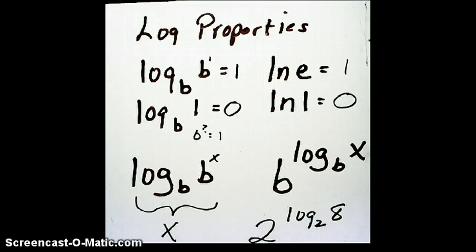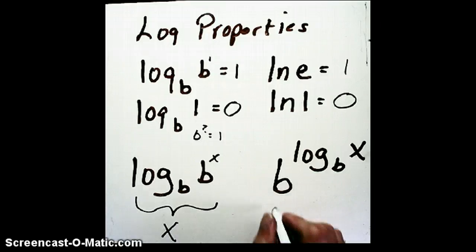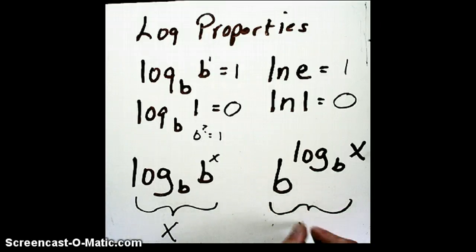They're inverse operations. That's like x plus 1 minus 1 is x. So it's simply the argument. These bases match, so it's just x. Those are called inverse properties of logarithms.